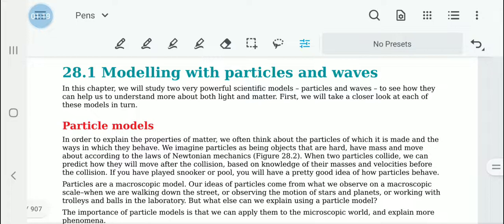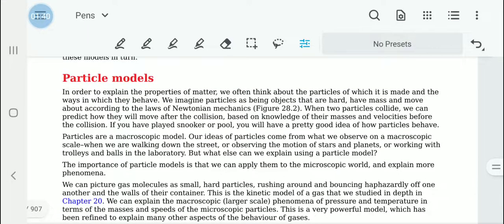So that is something that we are trying to understand. Light and matter, how do they model into one uniform aspect of what we learned, that is the particles and waves theory.